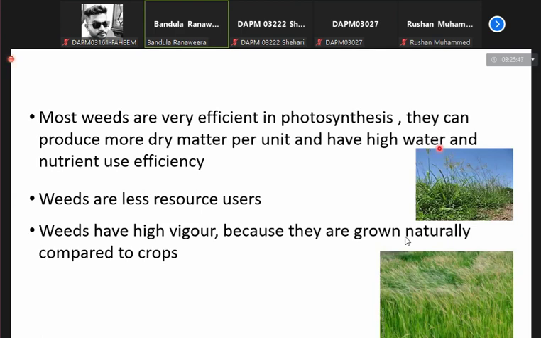Most of the weeds are very efficient in photosynthesis. They produce a higher amount of dry matter, photosynthetic matter, and their efficiency in water usage and nutrient usage is very high compared to the crop plants.